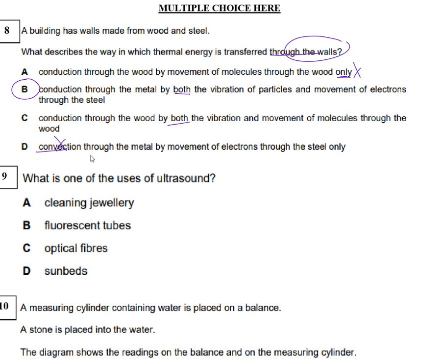This is the way thermal energy is transferred through the wall, because the steel has electrons through it and vibrating particles as well, and metal is a good conductor, so this will conduct heat better.